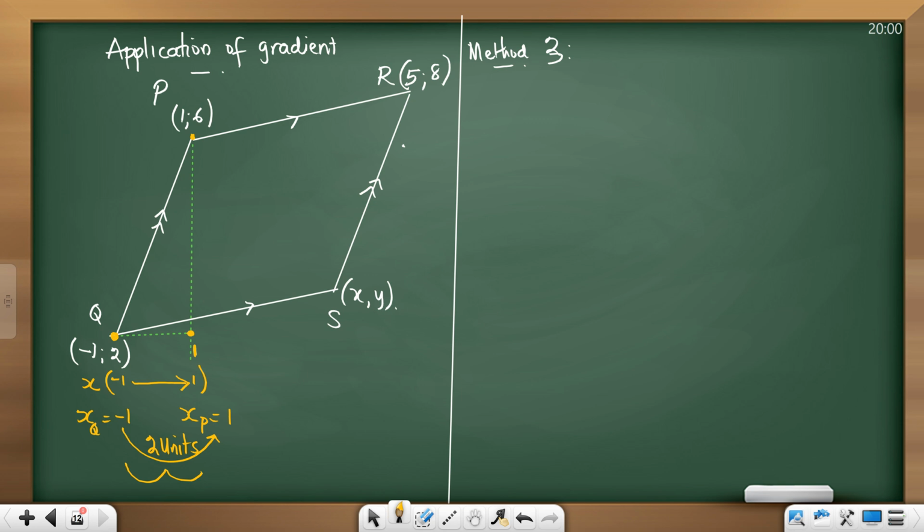It means that the difference between R and S is also 2 units. Horizontal line there is also 2 units. So if my value here is 5, what do you think the value here would be?